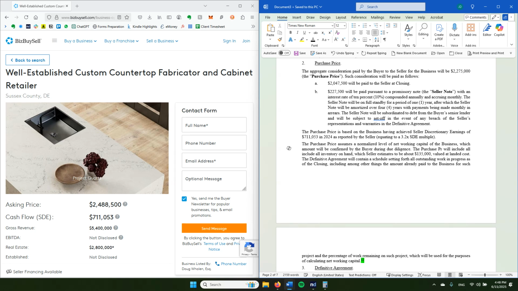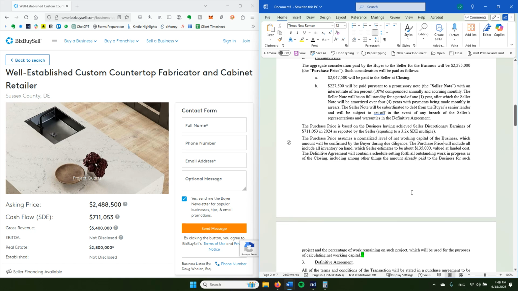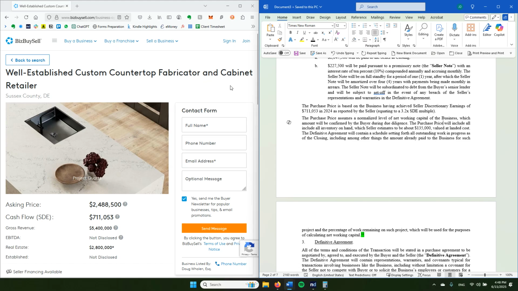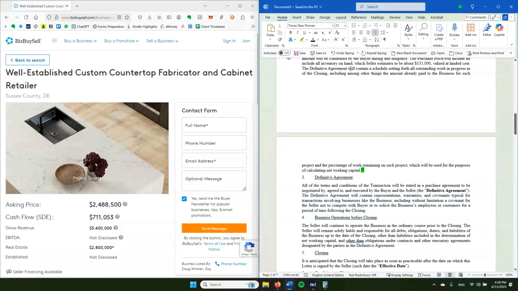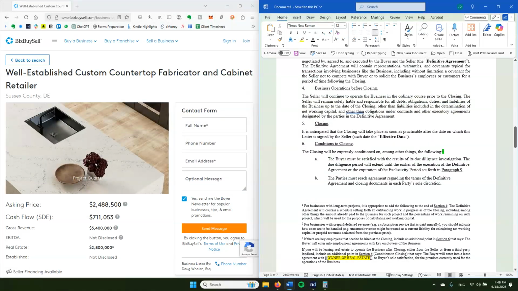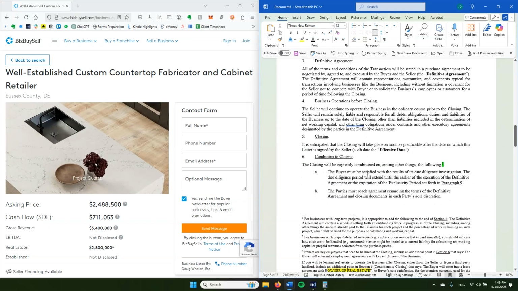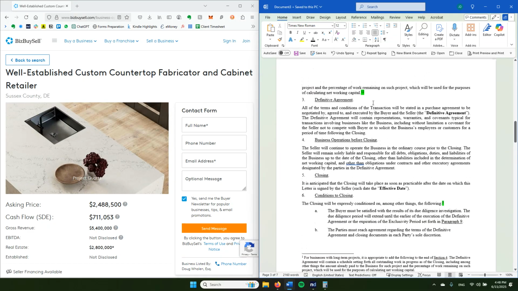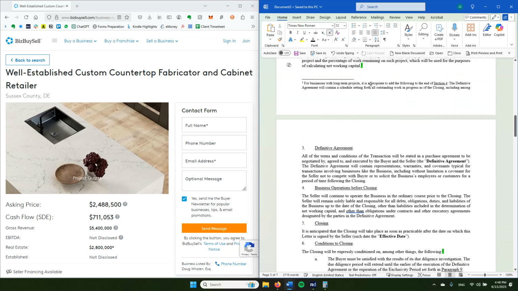I'll be more specific here. Since it's a fabricator, there could be work in progress, so we'll just include language about it. And then there's not going to be the prepaid or deferred revenue.